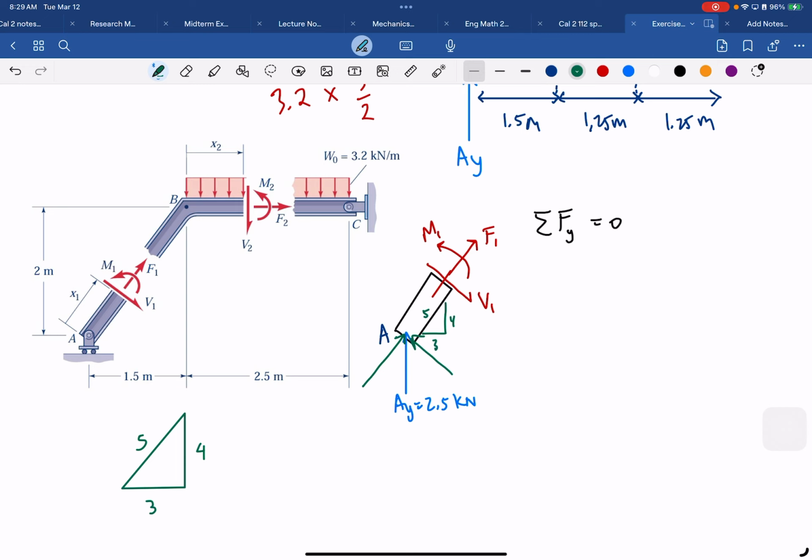So this will be the cosine, this will be the sine, so this will be the 4 over 5 AY, 3 over 5 AY. I think this will be faster, because if we did the previous one, we need to recalculate for the shear force.